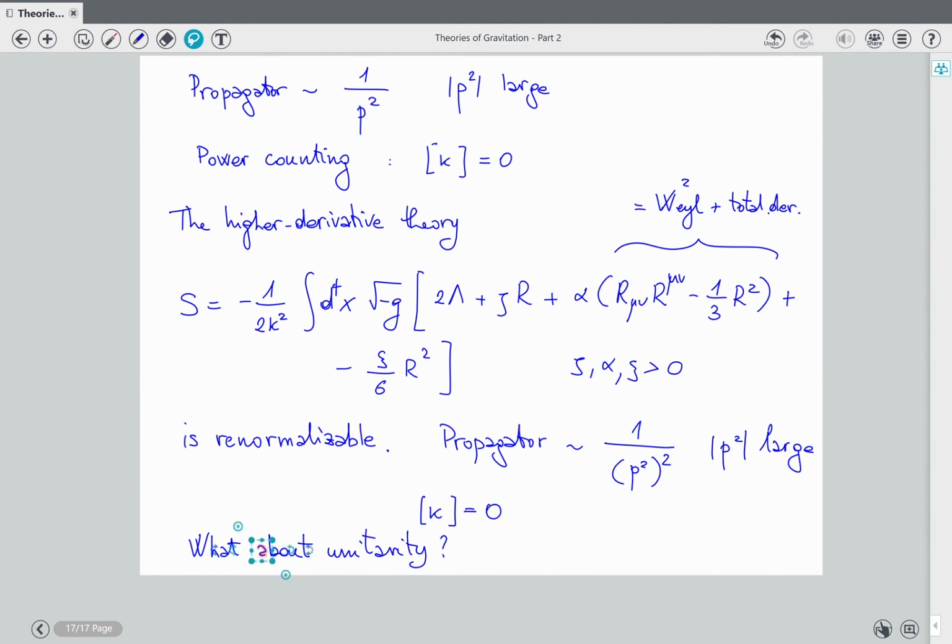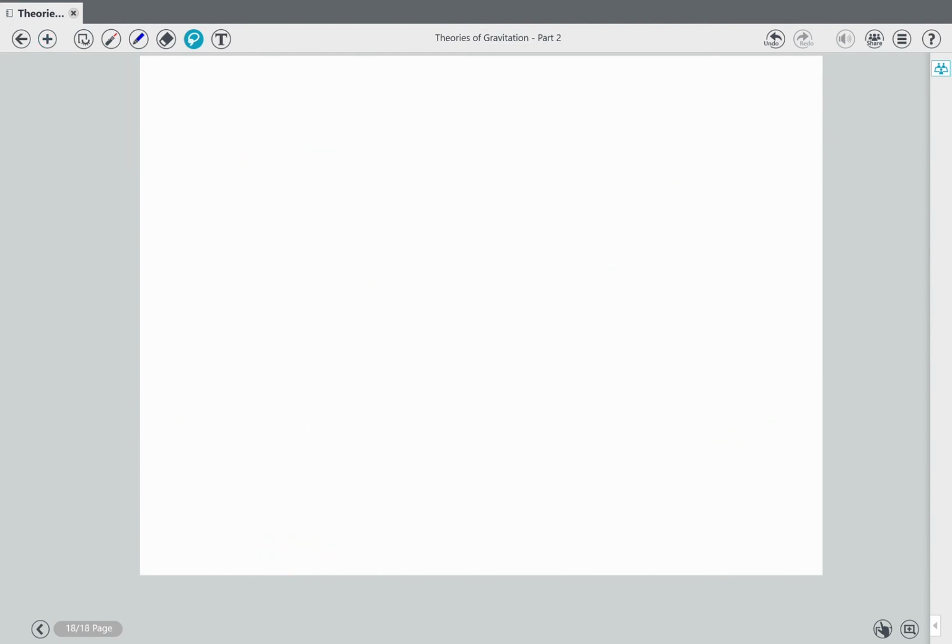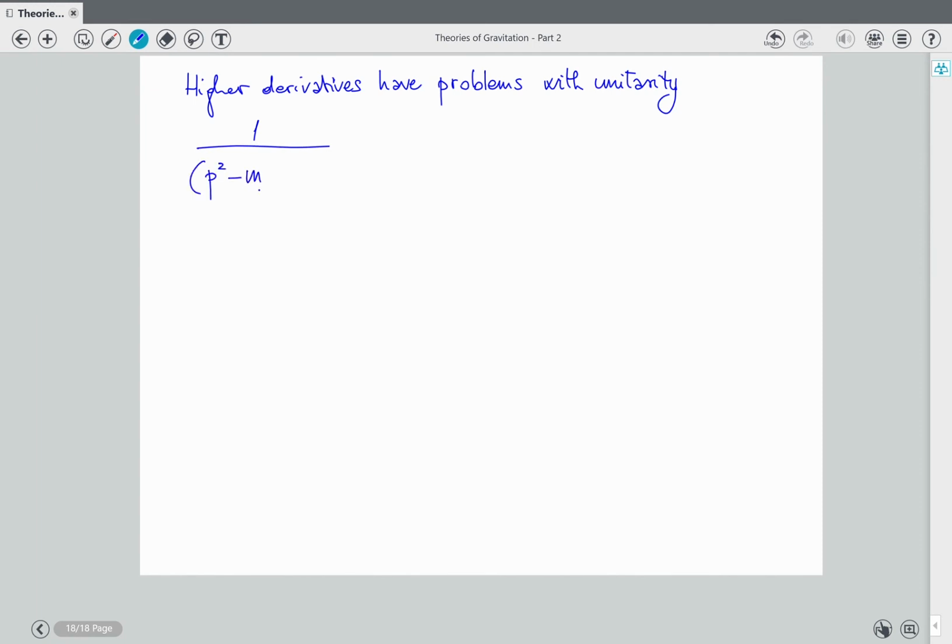In general, when you add higher derivatives, you have a problem with unitarity because you have a propagator that goes like p squared squared.